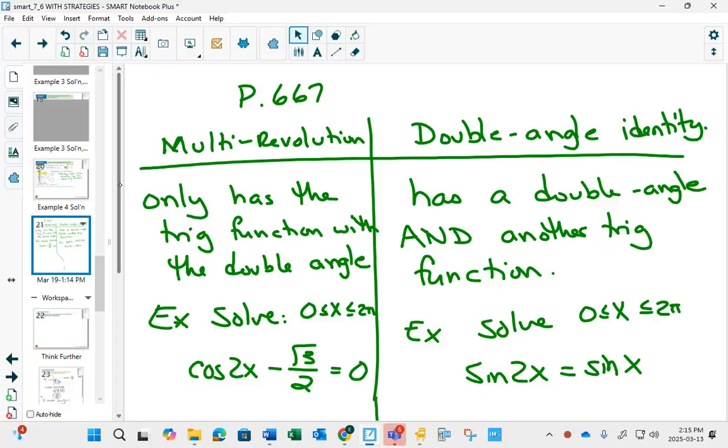But now that we've learned something new, we're going to find out other times we're going to get a 2x in a question, and it's not multi-revolution. So this slide is to help us realize, when should I see it as a multi-revolution question, and when should I see it as a double angle identity question?